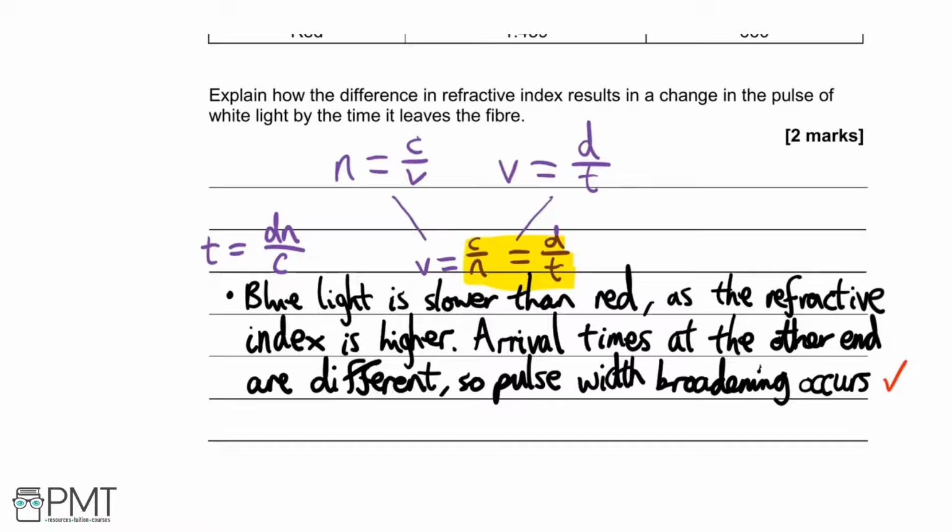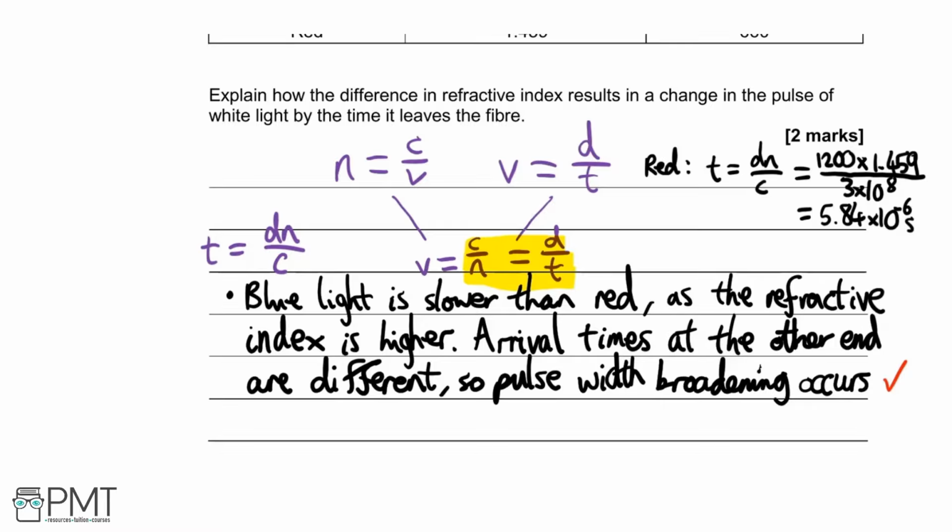What it's worth doing for the second mark is writing down our calculations that we can use to find the time difference of arrival between the red and the blue pulses. We can actually see how much this pulse has been broadened. So first of all, for red, 5.84 times 10 to the minus 6 seconds.